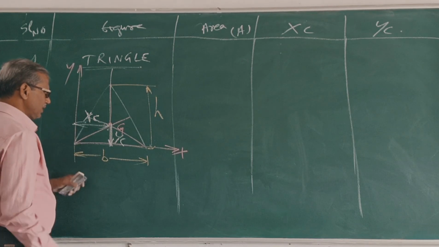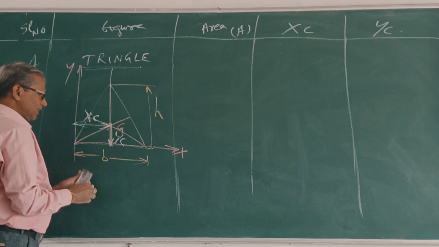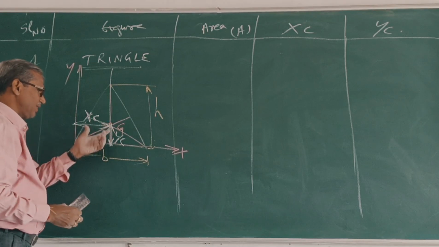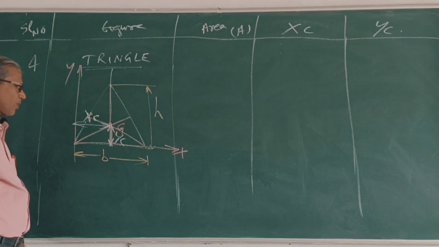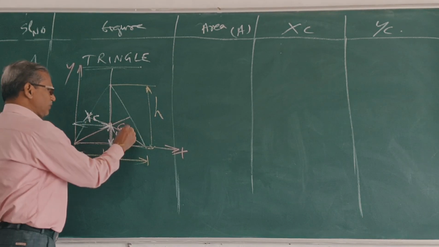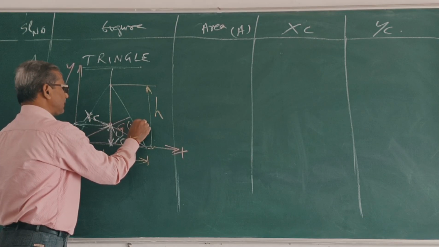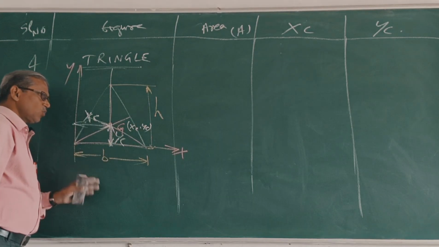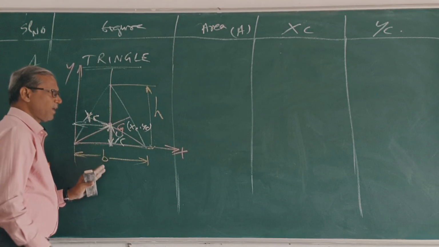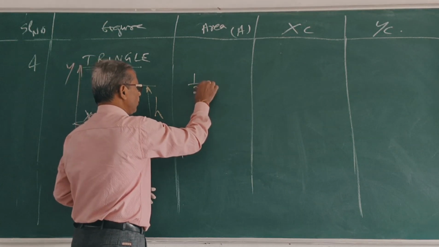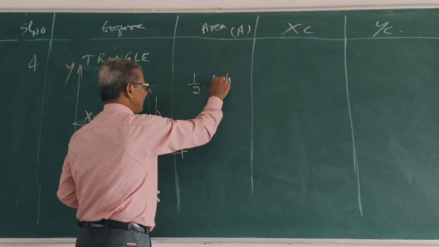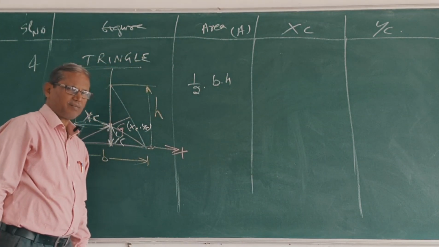Clear? So, what is the coordinate of CG? XC, YC. What is the area of the triangle? Half into base into height. Clear?